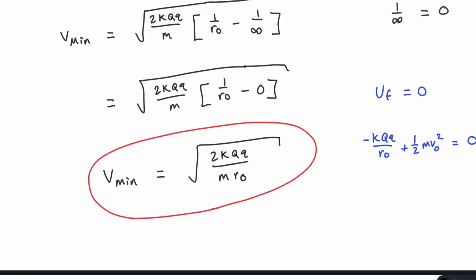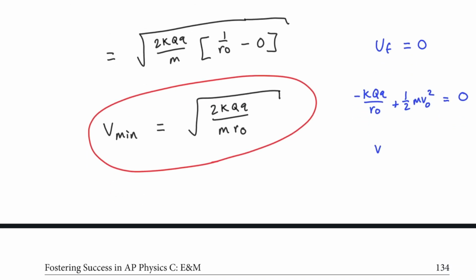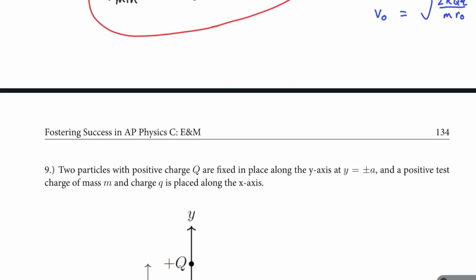Again, this is very similar to this gravitational escape velocity equation that you might remember from mechanics with the orbital mechanics. Because again, you can see in this case, v0 squared, after adding the term to the other side, you multiply everybody by 2, divide by m, and take a square root. So we do get that result.